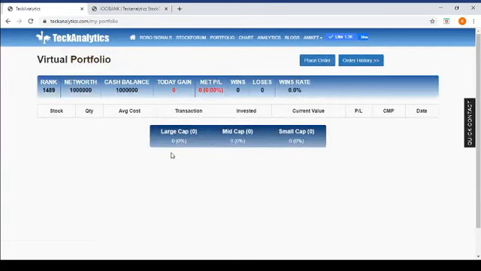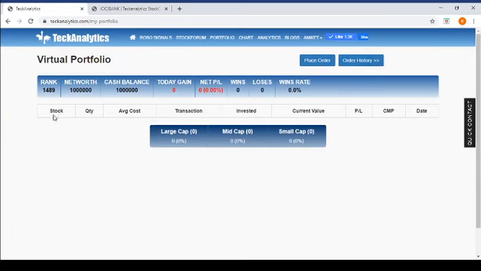So out of 5 lakhs, if you invested 3 lakhs in large cap, that is roughly 60%. You will see 60% invested in large cap, 20% mid cap and 20% small cap in this example. And the remaining 5 lakh you have in cash.